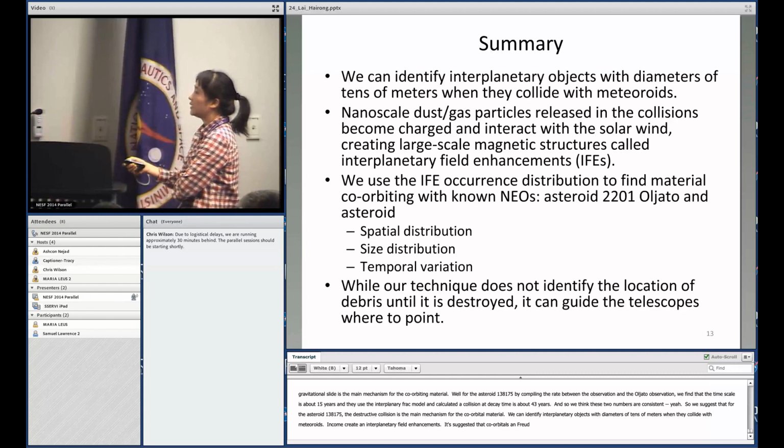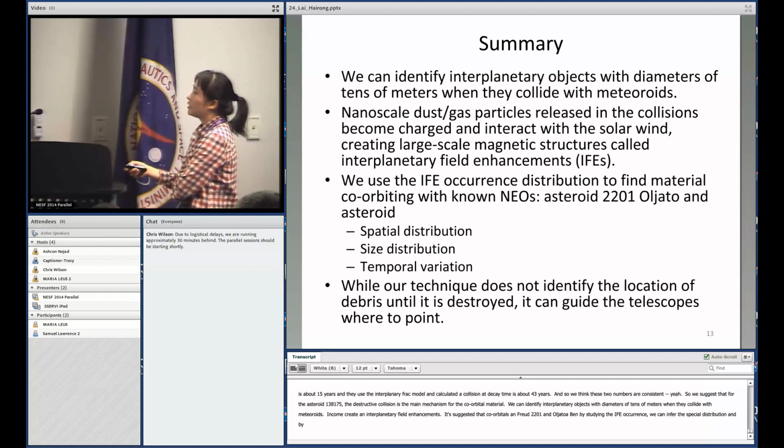By studying the IFE occurrence spatial distribution, we can infer the spatial distribution of the co-orbiters. By studying the mass of the IFEs, we can infer the size distribution of the co-orbiters. And by studying the IFE rate inside the sensitive region, we can find the temporal variation of the co-orbiters.